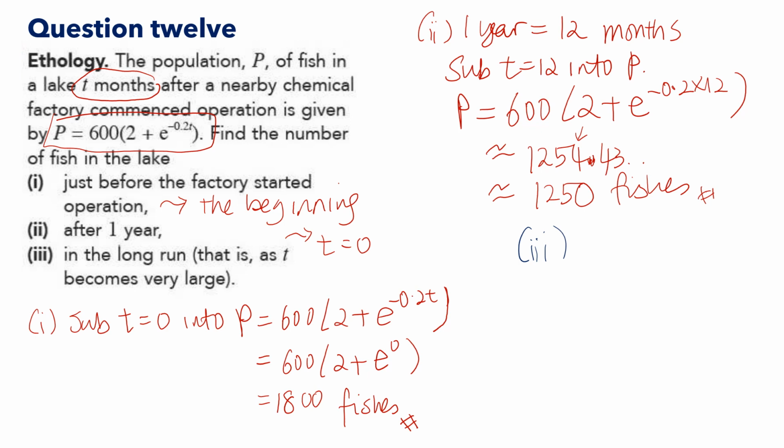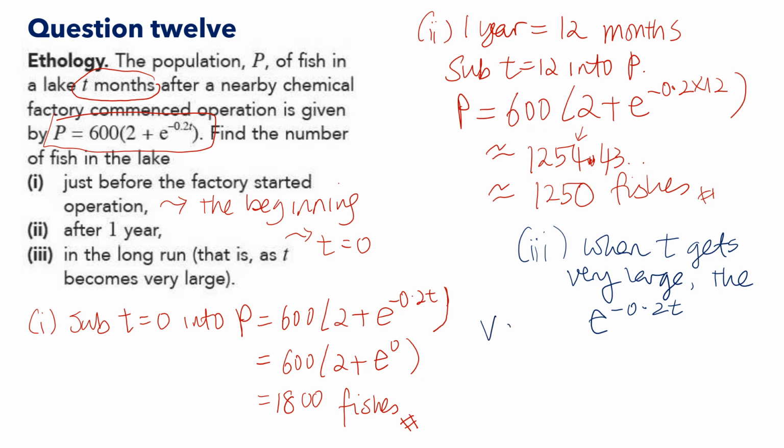If t gets very large, then you realize that e to the power of negative 0.2t will tend to 0.